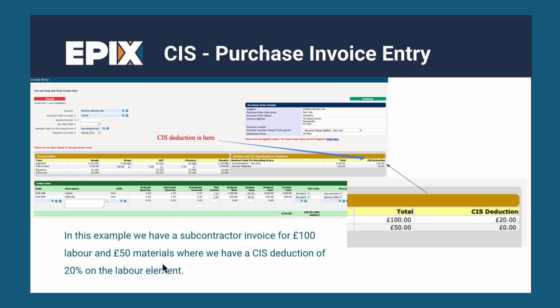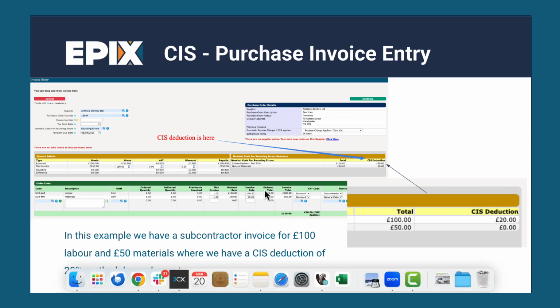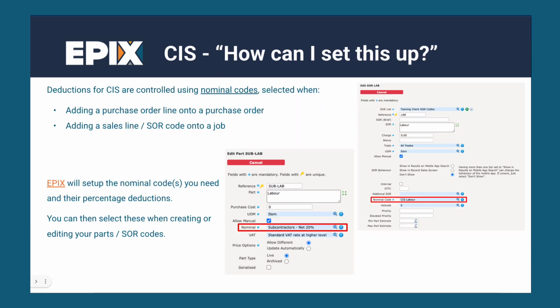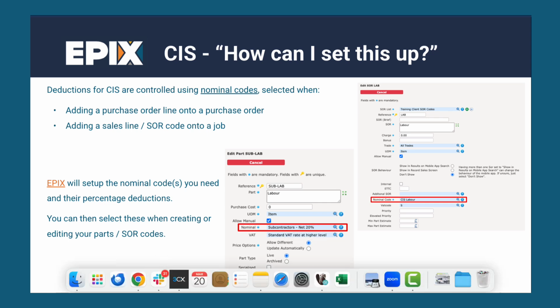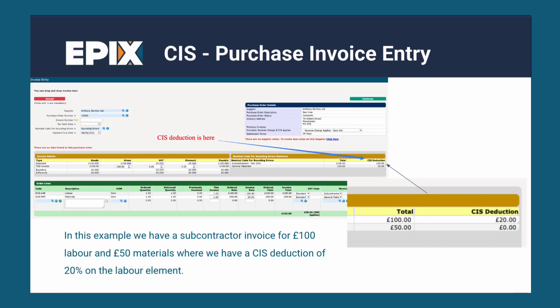So that is dealt with from our little setup screen earlier. If I take us back here, this particular labour code, the subcontractor and the net 20%, that is applying the 20% deduction for the CIS, so that when we come to here, you can see we've managed to achieve that in this CIS deduction here.